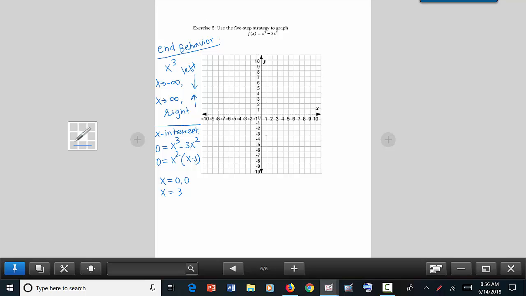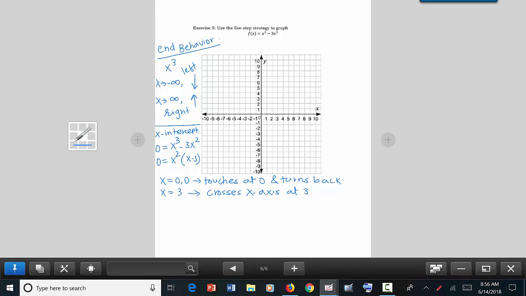What does that mean? If it repeats 2 times, an even number of times, it touches the graph at 0 and turns back. That is the meaning. At 3, it crosses the x-axis. So we find the x-intercepts.